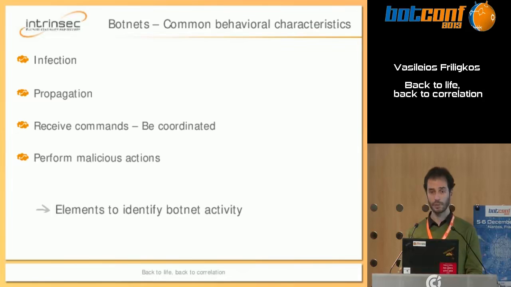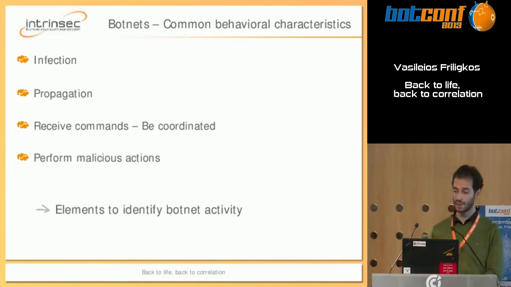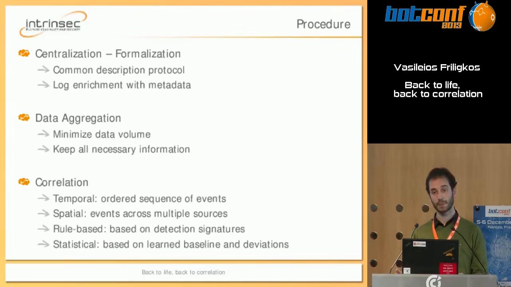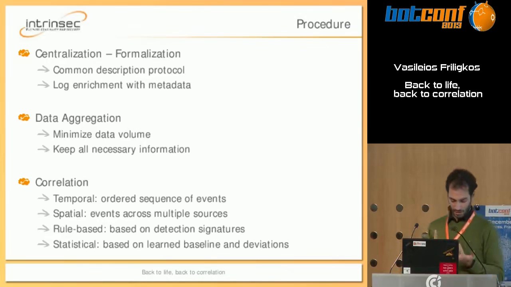So, we're going to use these characteristics to help us identify suspicious botnet activity in our IT infrastructure. In order to do that, first of all, we have to centralize all data. Because in an IT infrastructure, we have firewall data, IDS data, antivirus data, all kinds of logs.